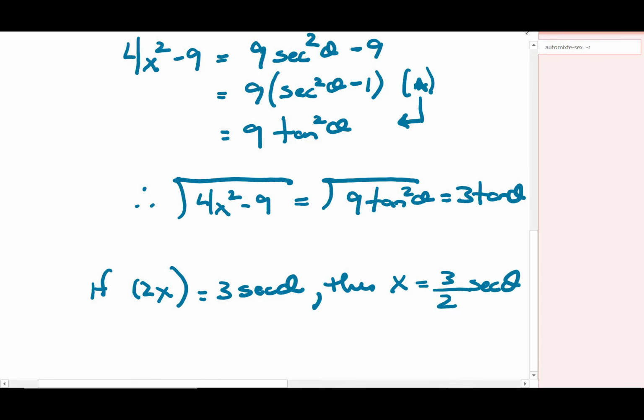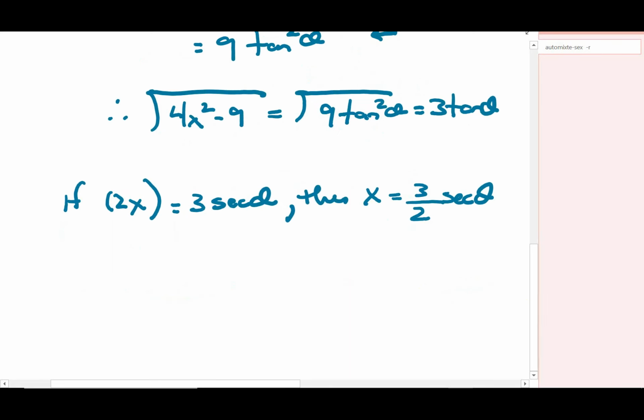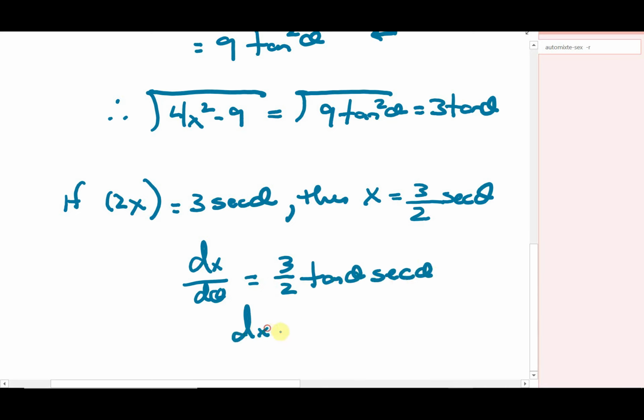What I did is I just divided both sides by 2. Therefore dx with respect to theta equals 3 divided by 2 tan theta secant theta. So therefore dx equals 3 over 2 tan theta secant theta d theta.